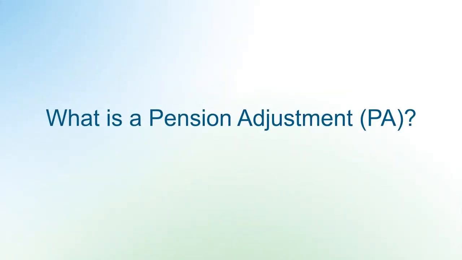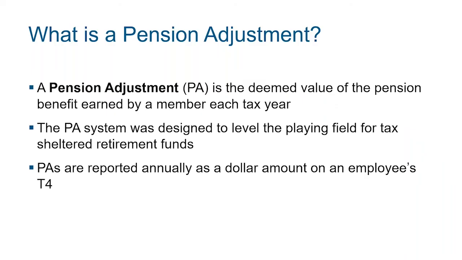So what is pension adjustment, or PA? Some of you have worked with pension adjustments, but many of you have less experience. So let's start with the basics. Why do we do it? A pension adjustment is used to determine the deemed value of pension earned by a member in a registered pension plan each year.